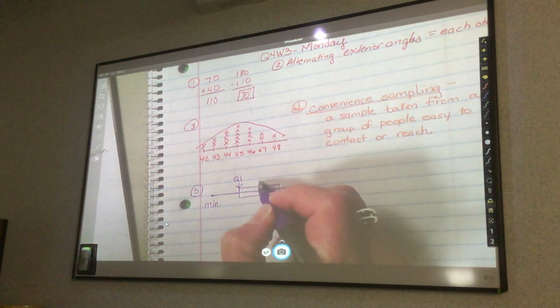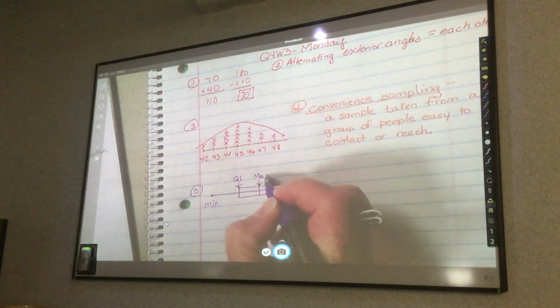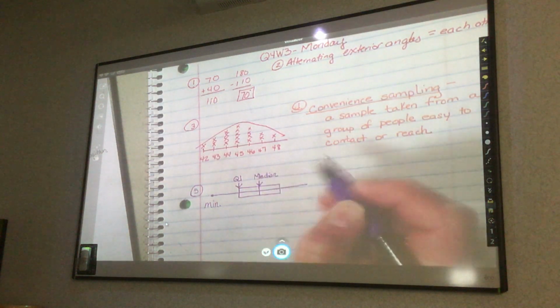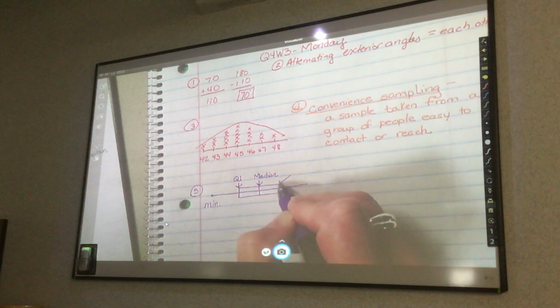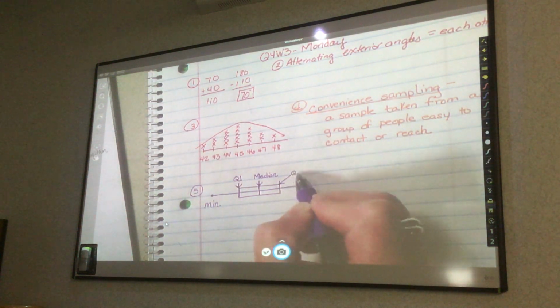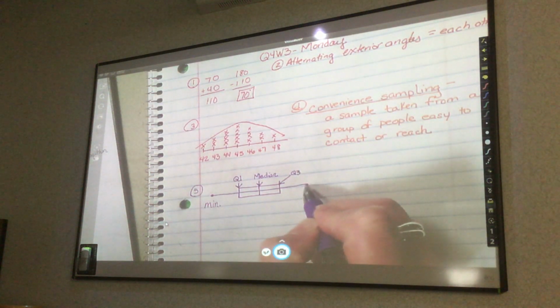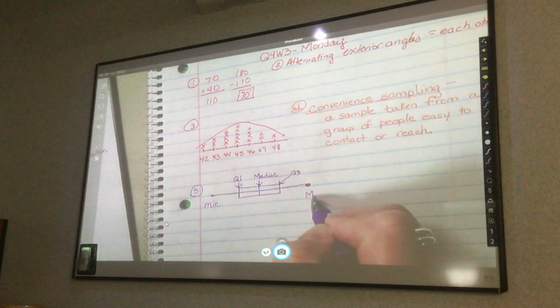This here would be the median. And that number right there would be quartile 3. And then this last dot would be your maximum number.